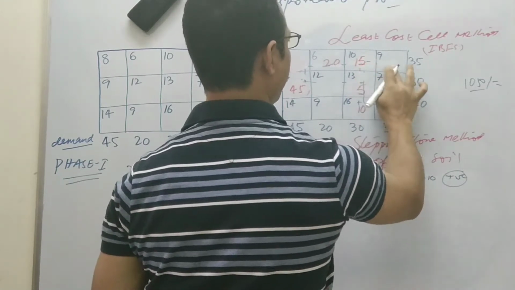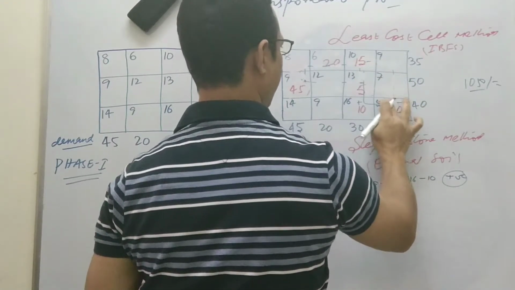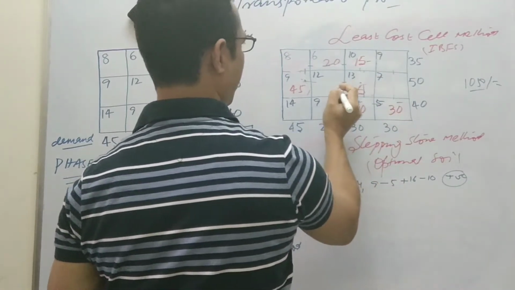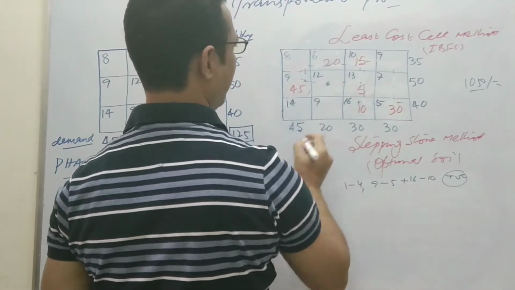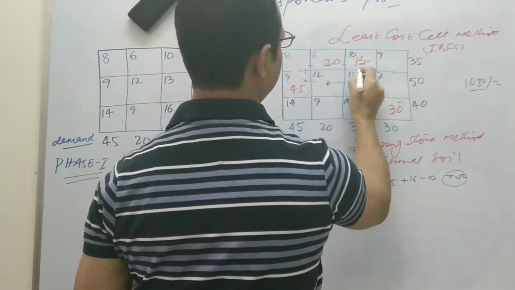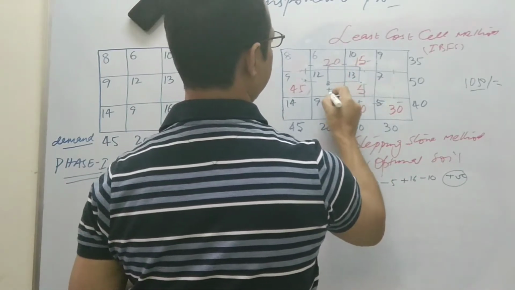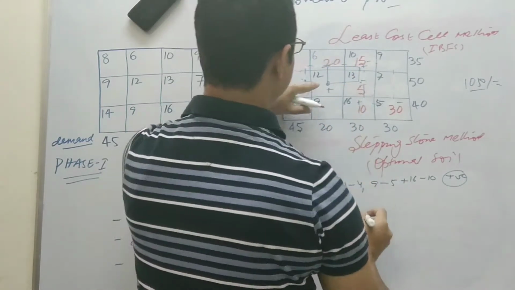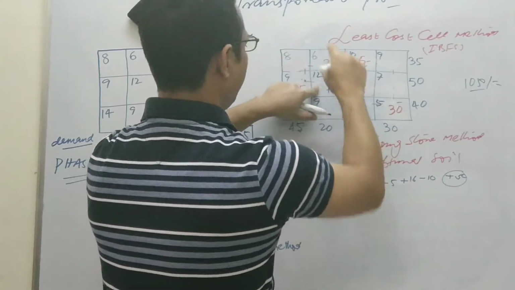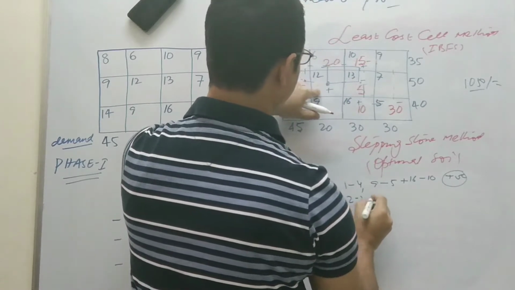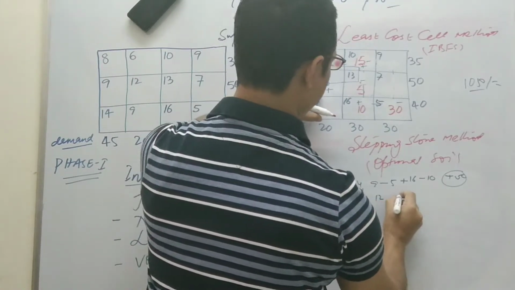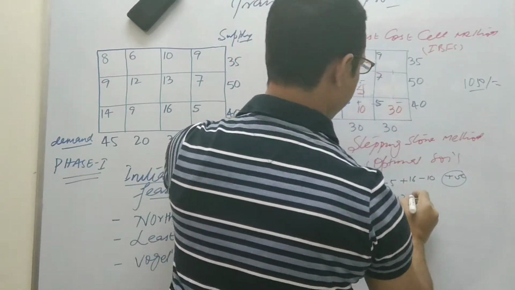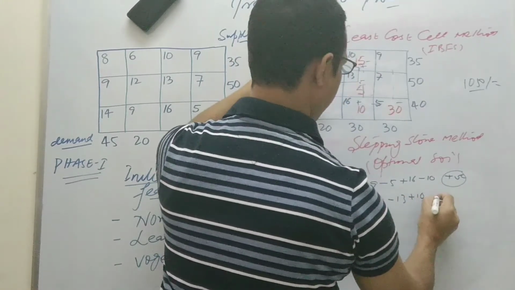It means we need to move to another unallocated cell to check, because we have to check for all allocated cells and for all non-allocated cells. So this is another non-allocated cell. We can move like this, here to here, here to here, plus minus plus minus. Here we need to check second row second column: 12 minus 13 plus 10 minus 6.